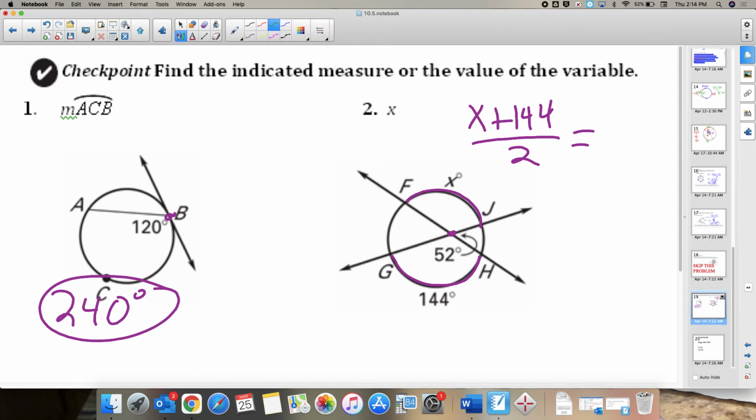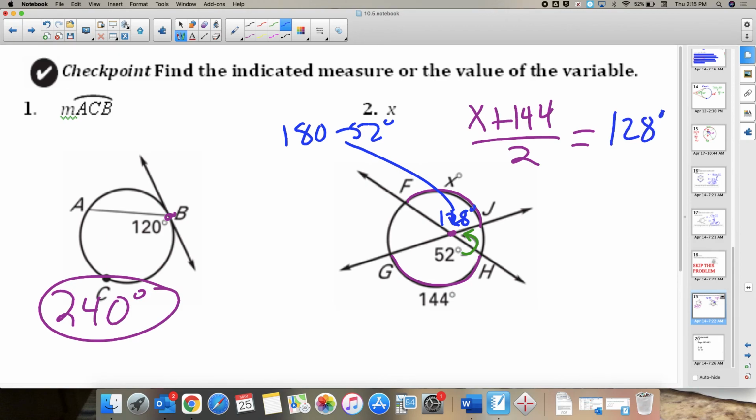Please notice that 52 degrees is over here on the right-hand side. That means this angle that we actually want is 180 minus that 52 degrees. So that angle we want is actually 128 degrees.